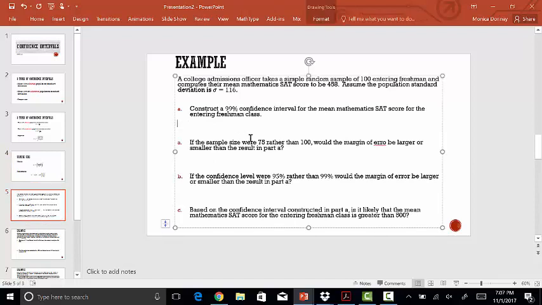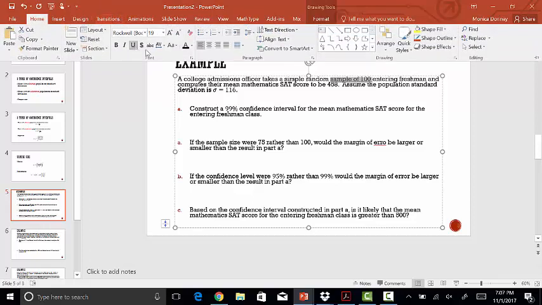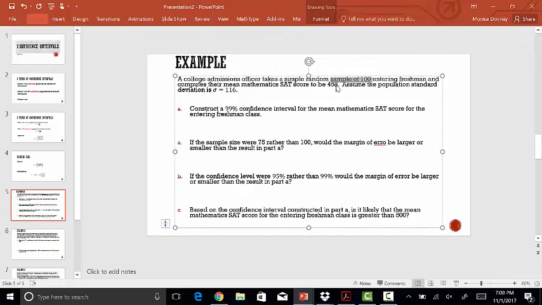All right, so it says a college admission officer takes a simple random sample of 100 students. So let me start by underlining that. So we have a sample of 100 entering freshmen, and he or she computes their mean mathematics SAT score to be 458.